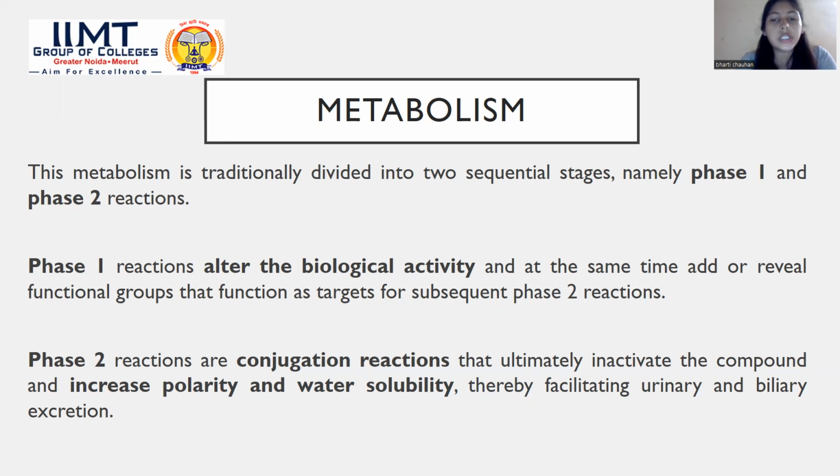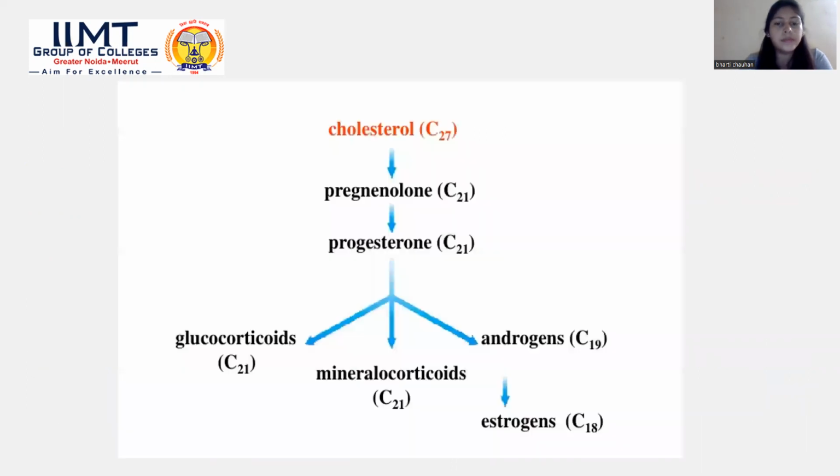The reactions are conjugation reactions that ultimately inactivate the compound and increase polarity and water solubility, thereby facilitating urinary and biliary excretion. I want to add one more thing: some steroids directly undergo phase 2 metabolism without a phase 1 reaction. For example, testosterone can be directly conjugated at its 17 beta hydroxy group.